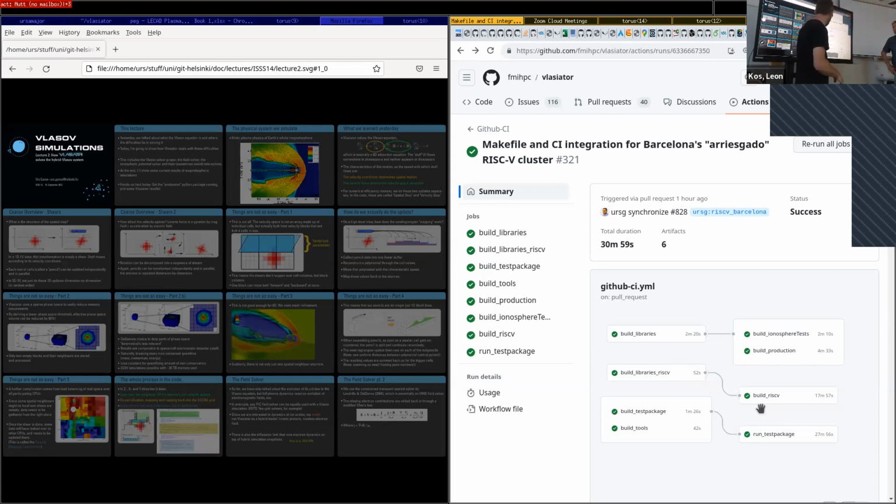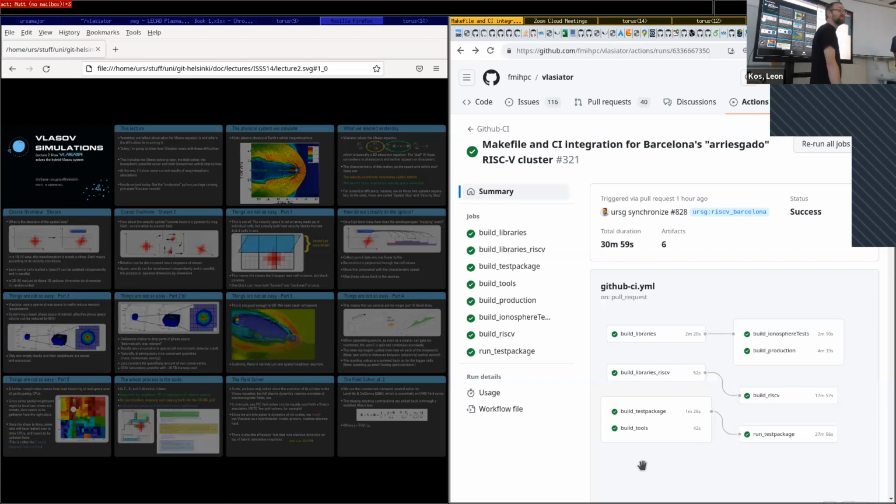We are not making use of the GitHub caches feature there. On our local cluster here in Helsinki that has 200 nodes or so, there we are not using the cache, even though we could, and this is something I still want to poke around a little bit with. So this is why we are not actually building the libraries here locally every time, but we just take them from the cluster. So this is also a little bit work in progress.